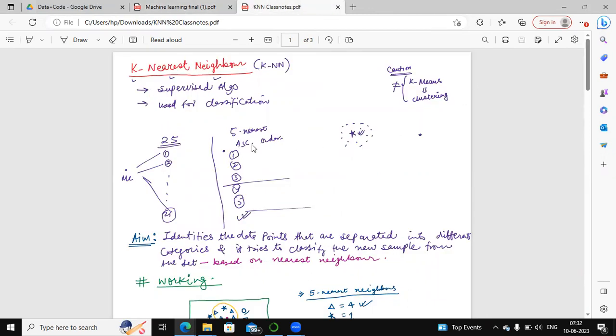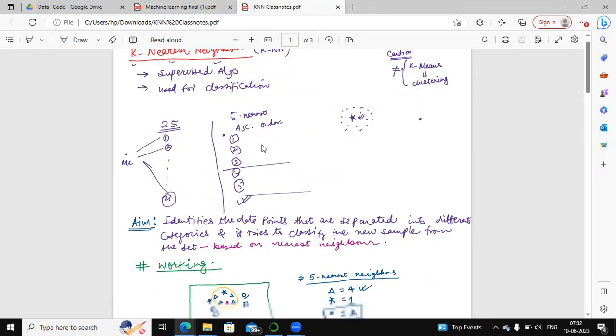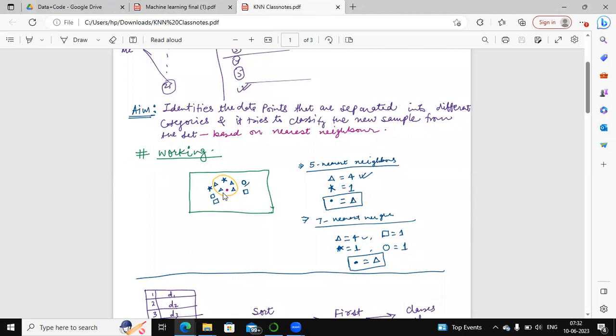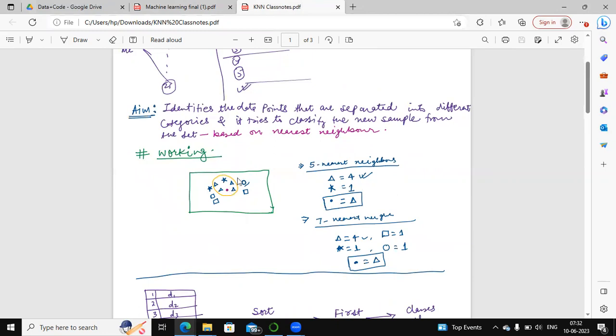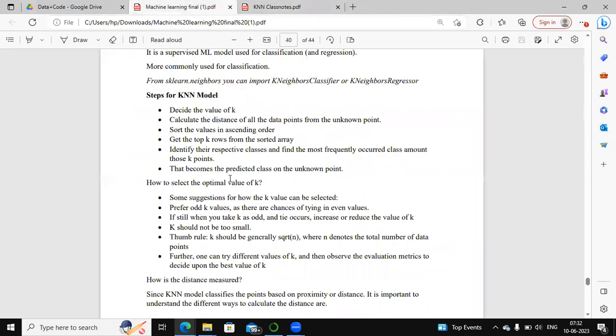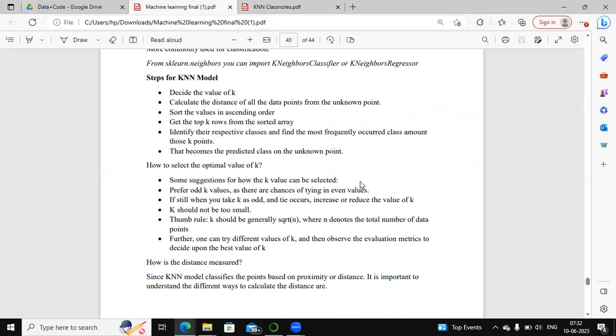In these 5 nearest neighbors, the most occurred class is triangle, 4 times. That becomes the predicted class of the unknown point, because the majority class around the unknown point is triangle when k is 5.